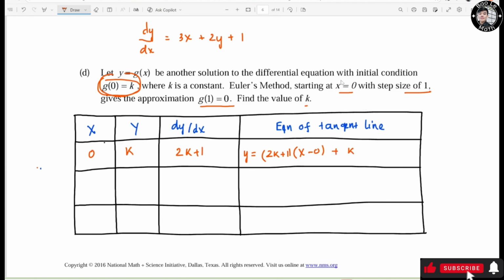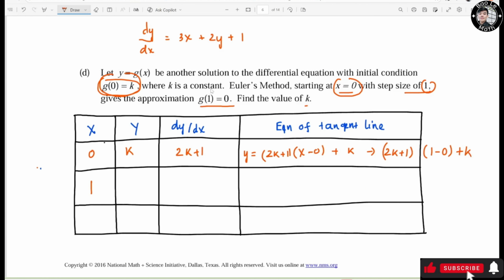Now we start at x equals 0 with step size 1, so the final value should be this one right here. Substitute 1 for x, so we have (2k plus 1) times (1 minus 0) plus k.